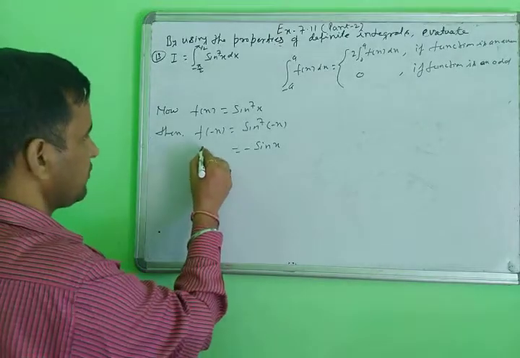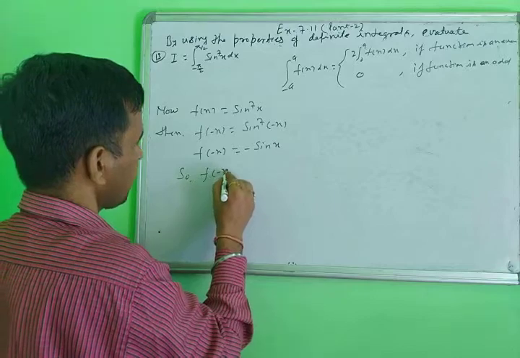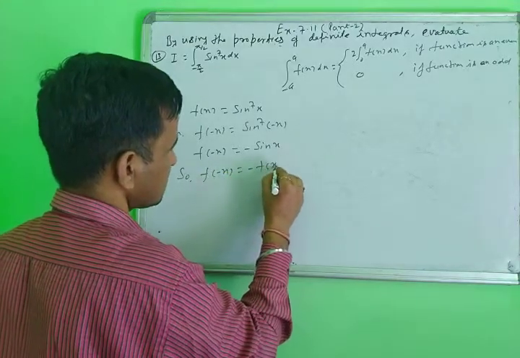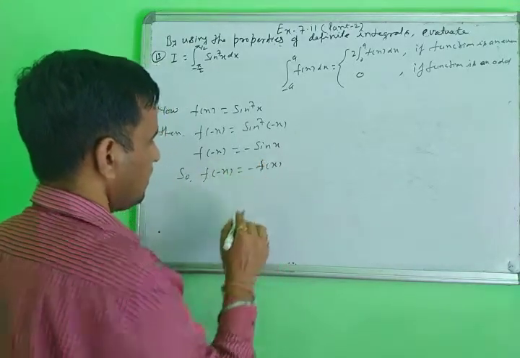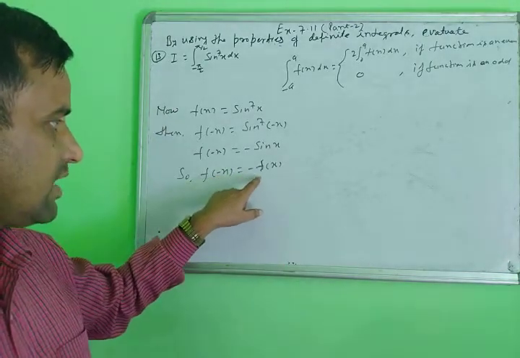The value of the function is minus f(x). So you can say f(minus x) equals minus f(x).